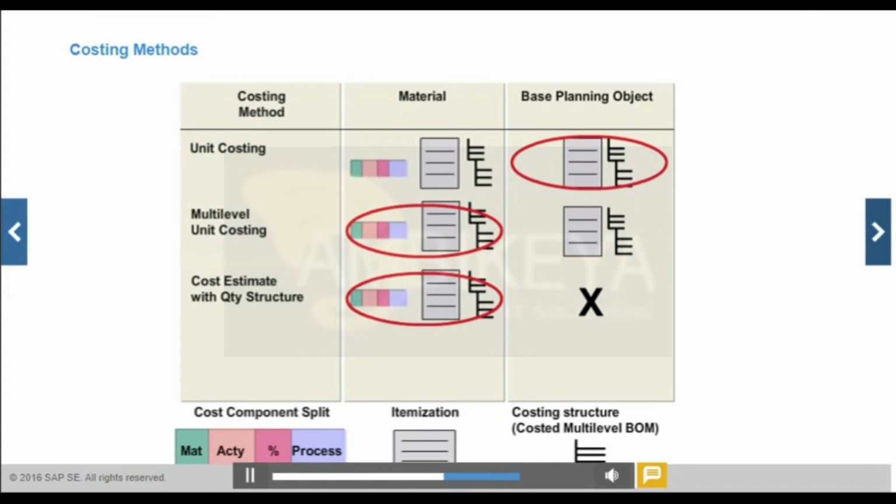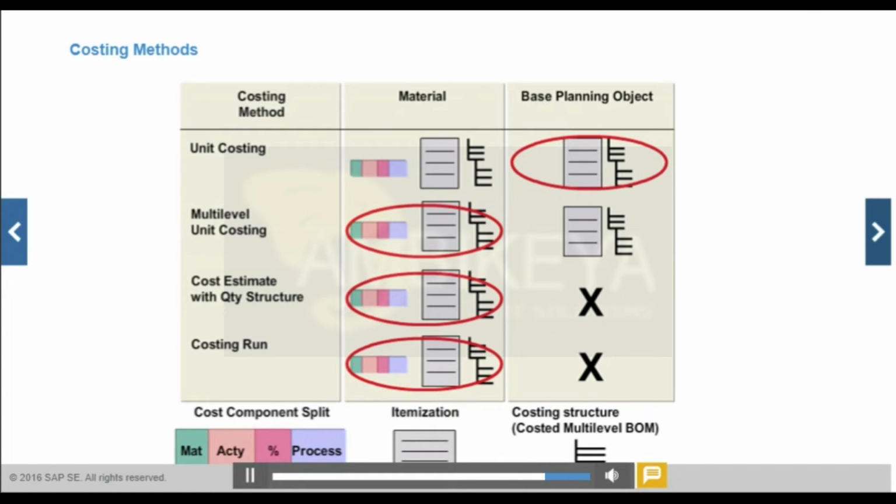When a cost estimate with a quantity structure is created, the system uses master data from logistics to generate a cost estimate. This method costs individual products precisely and provides various analysis options to compare different alternatives. Costing run. Costing runs are used to process mass data. This method is used periodically to cost an entire product spectrum.